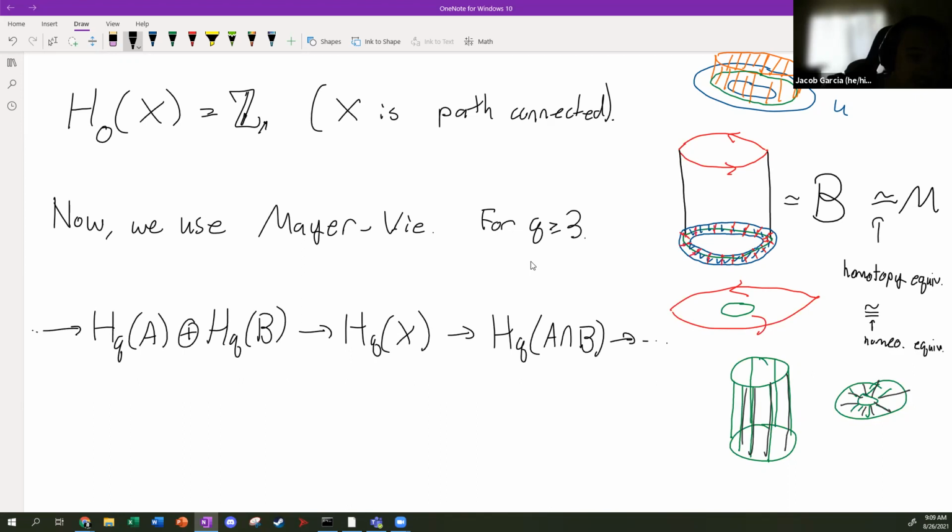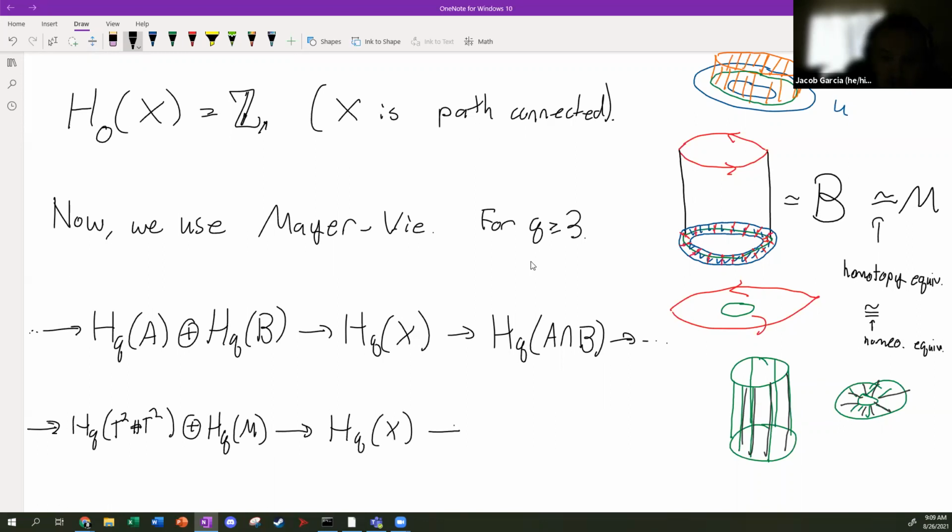All right, so here's a piece of Mayer-Vietoris. This becomes the qth homology of the genus 2 surface, direct sum the qth homology of the Mobius band, going into the qth homology of X, which we don't know.